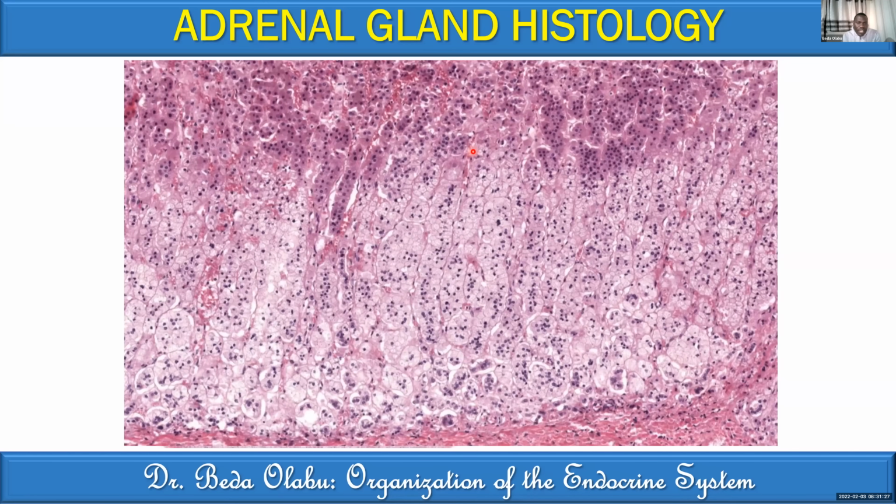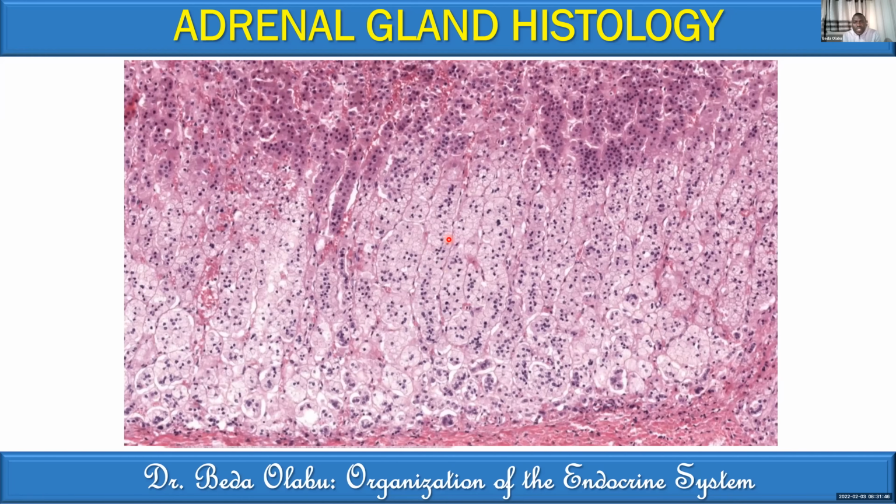The cords are in columns, vertical columns or radial columns. That is what we call zona fasciculata. Zona fasciculata may have one cell thick cord or two cell thick cord.